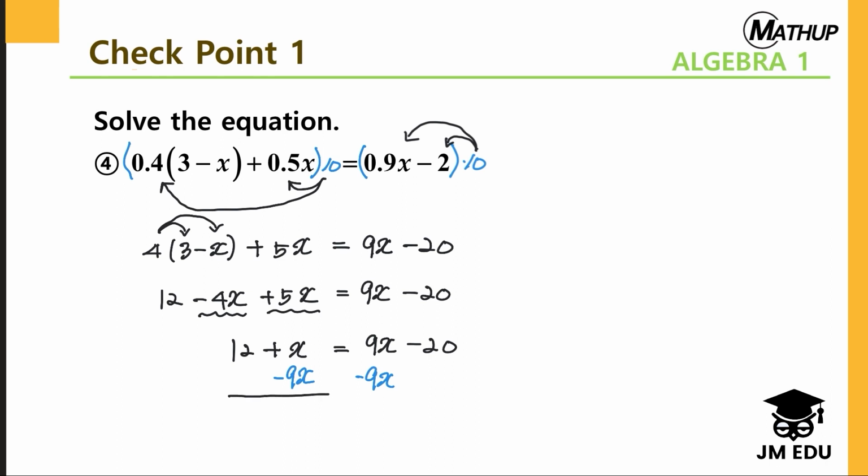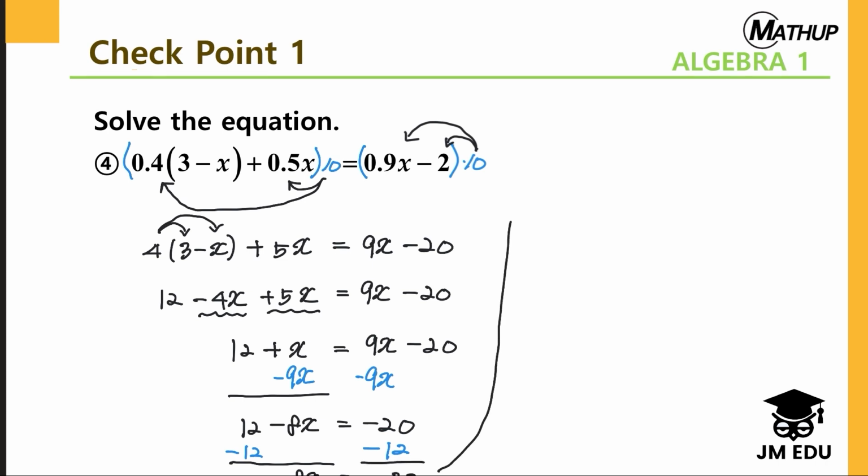Okay, so we have 12 minus 8x is equal to minus 20. Now eliminate 12 on the left-hand side. So subtract 12, then we will have negative 8x is equal to, that's negative 32.